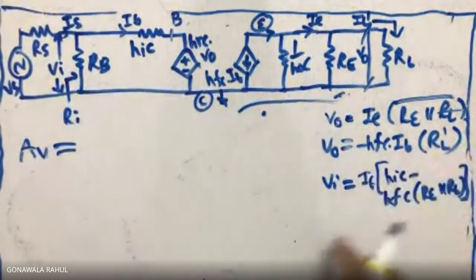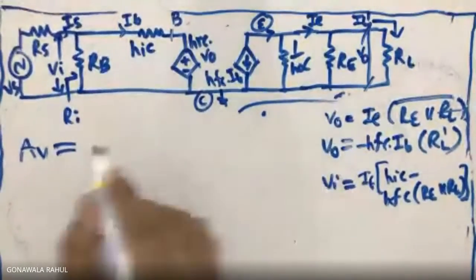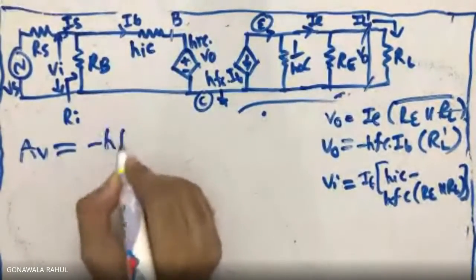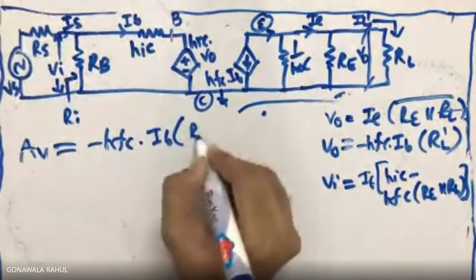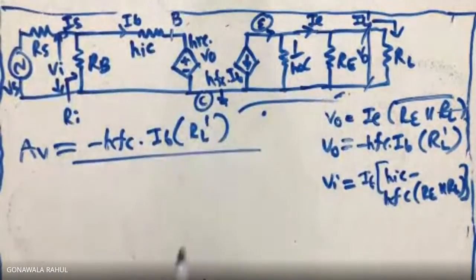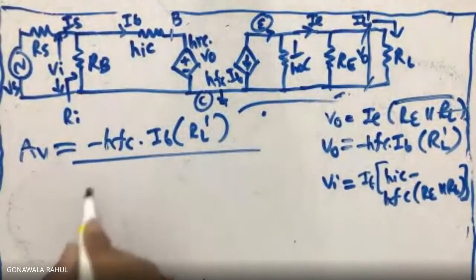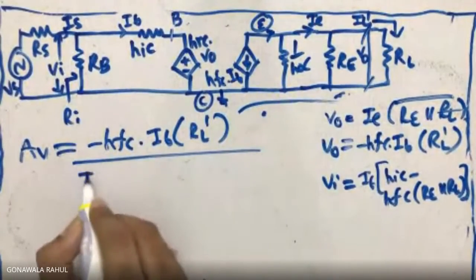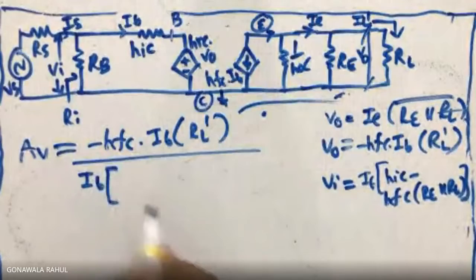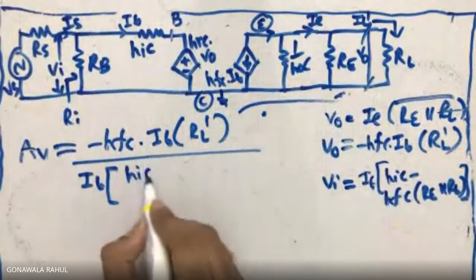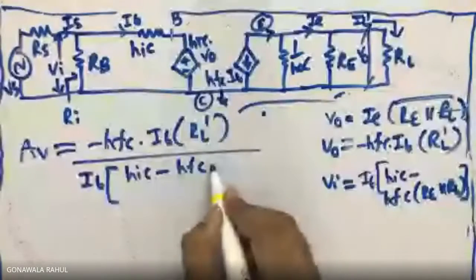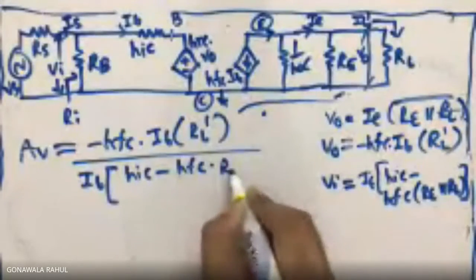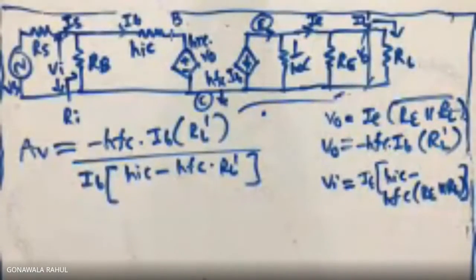We have the equation of V out and of V in. Putting that in, minus HFC into IB into RL dash upon IB into HIC into RE parallel RL, which is RL dash.